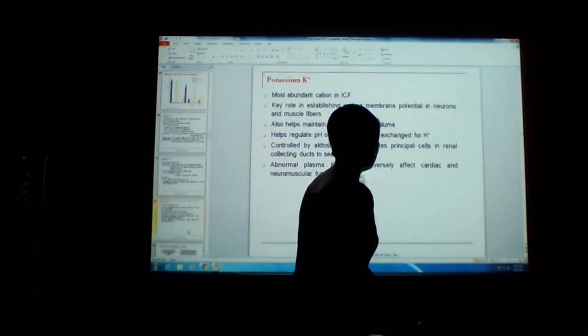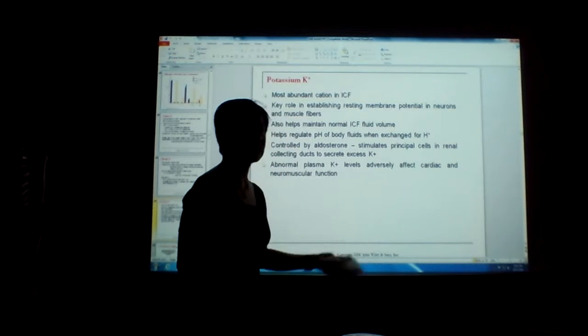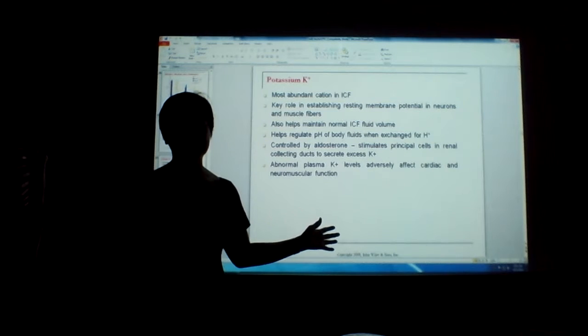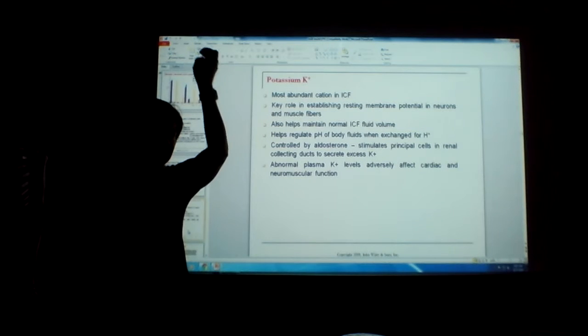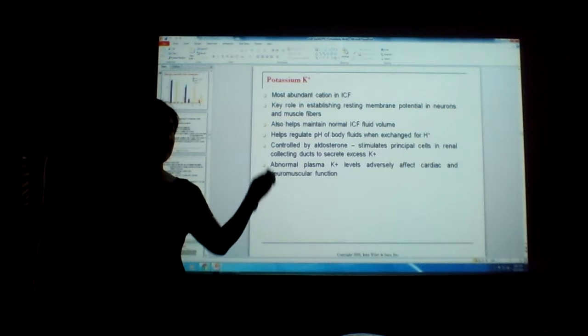And like I said, eventually all these electrolytes will affect every part of the body, but that's just the first thing that we think. Potassium targets the nervous system first and then the rest. Sodium targets blood volume first and then the rest. Oh, and also, what regulates potassium balance is aldosterone also.